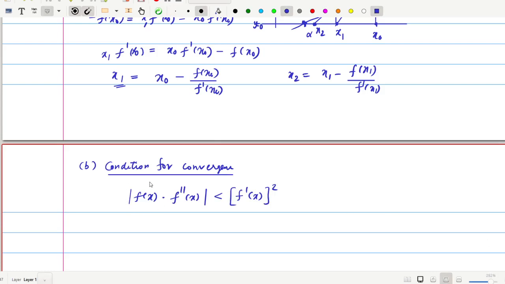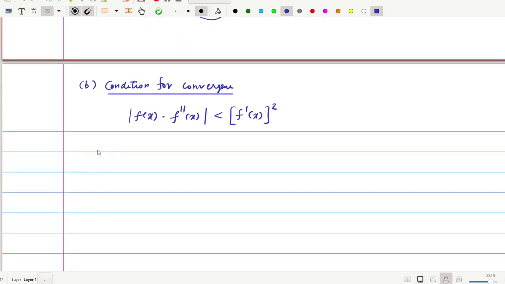This is obtained using the previous iteration method, such that the modulus of phi dash of x is less than 1. Using this fact, when we consider this as our phi of x, you can get this condition. This is the second remark, and finally we have the third remark, which is nothing but the rate of convergence.